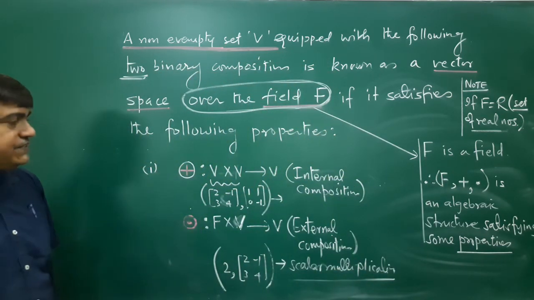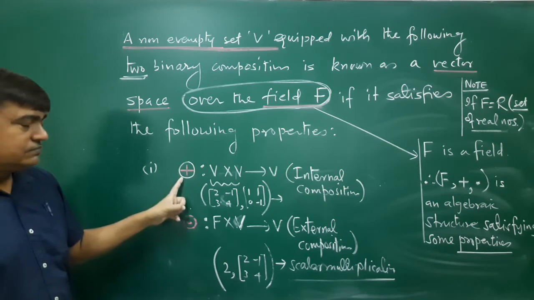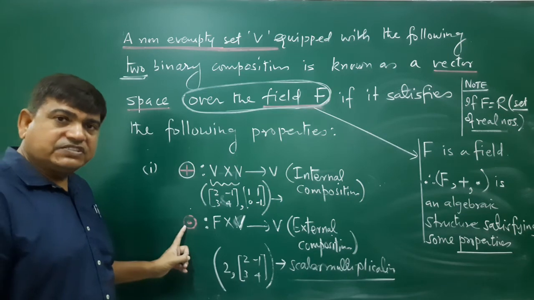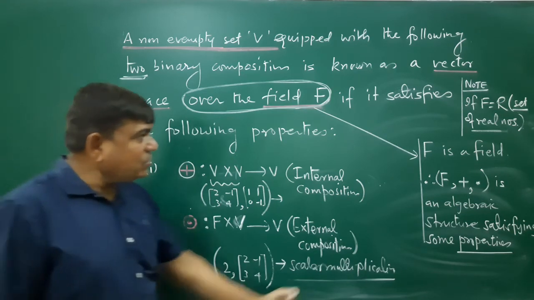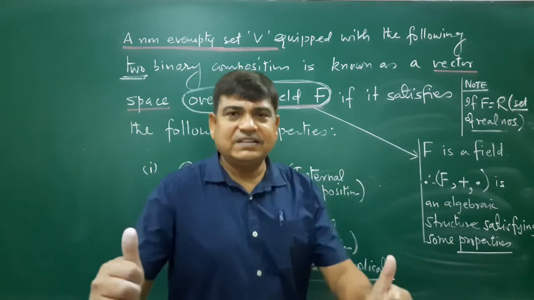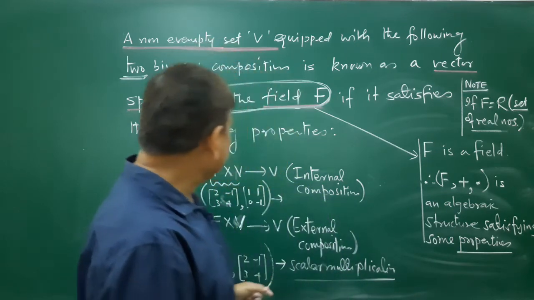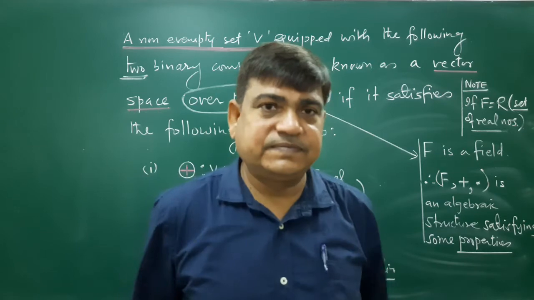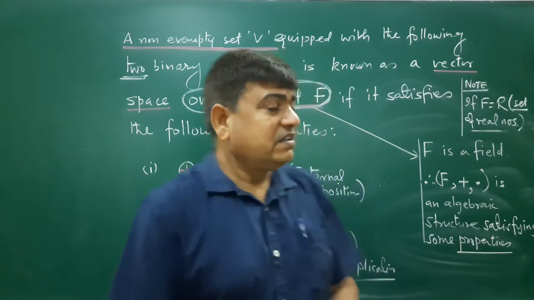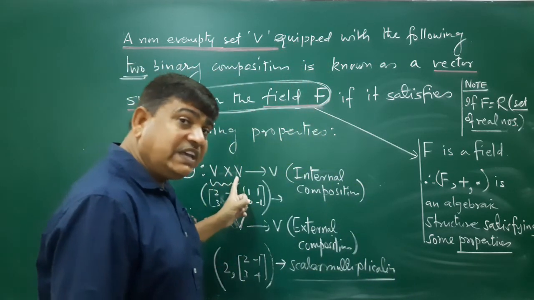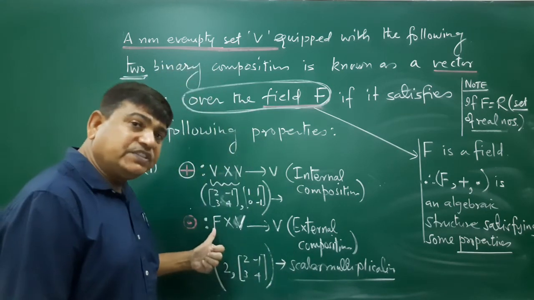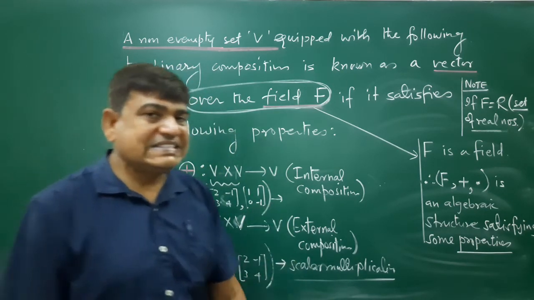Now come to the point. Addition, scalar multiplication. Elements of F are called scalars, and the elements of V are called vectors. I repeat, the elements of V are called vectors. The elements of F, that is the field, are called scalars.